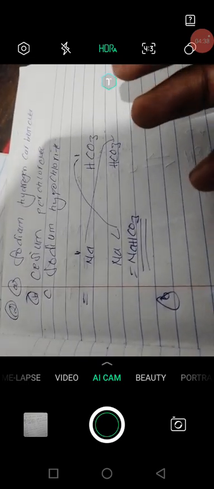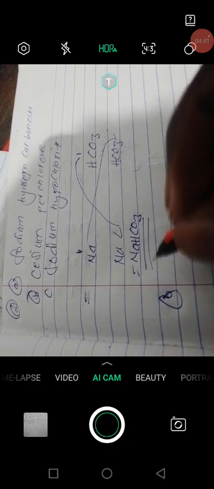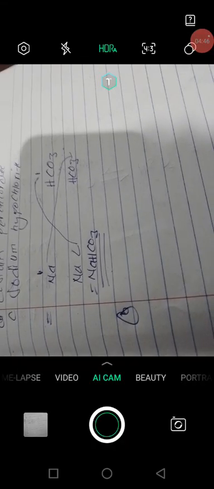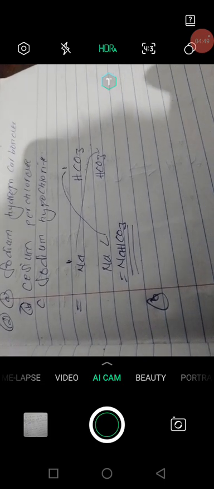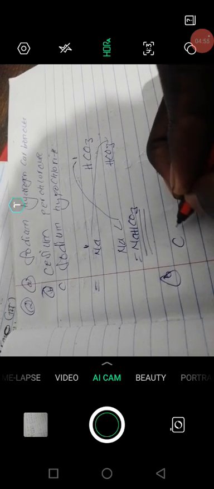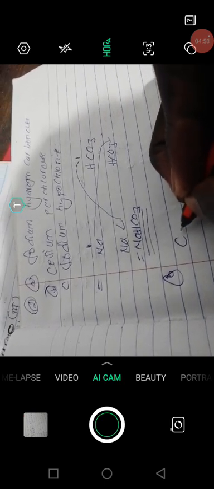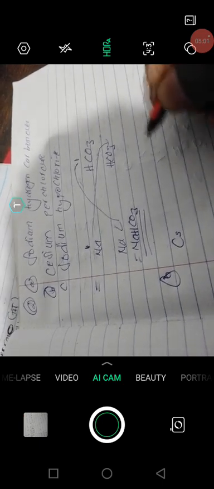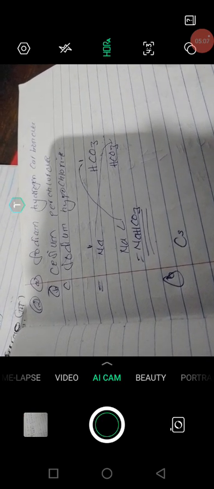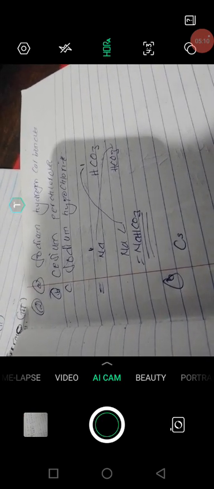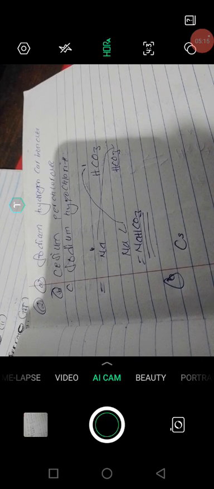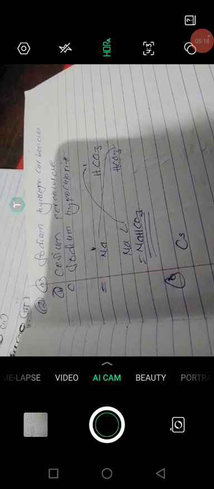What's the symbol for cesium? It is Cs. So I've got cesium perchlorate, having the chemical symbol of Cs. What about perchlorate? Note also I've got perchlorate, which is ClO4. I've got chlorate, which is ClO3. I've got also chlorite, which is ClO2. We've got also hypochlorite, which is ClO.